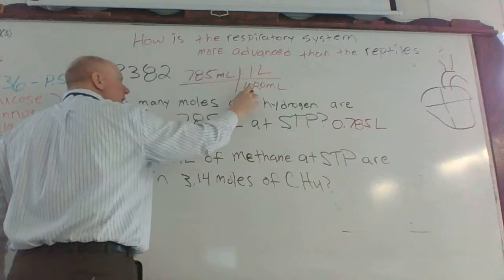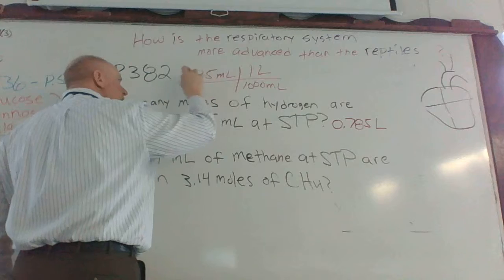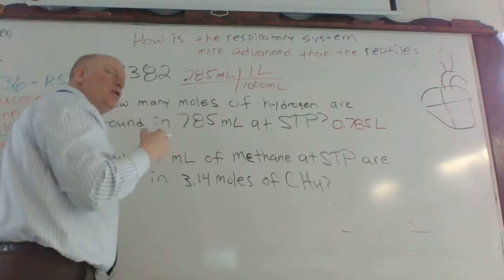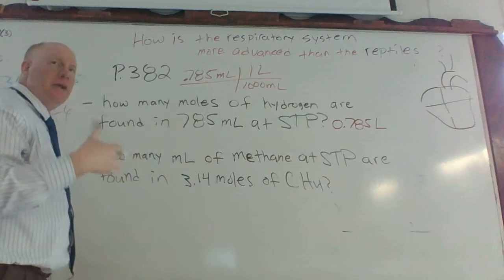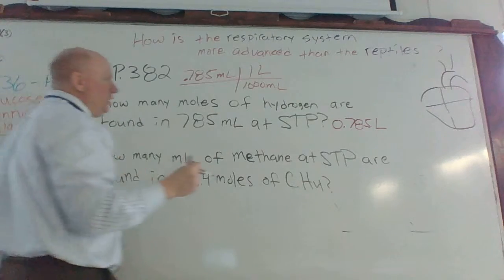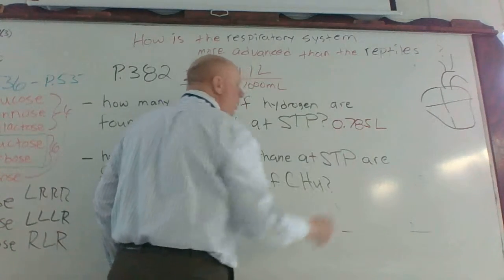So you're dividing by that 1,000 and moving it to the left, correct or right? So that's why I put correct in there. That's how you get 0.785 liters.